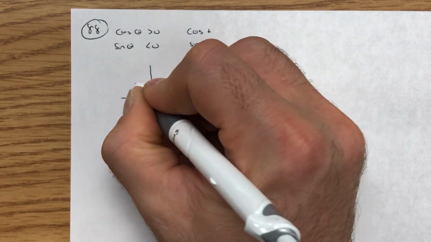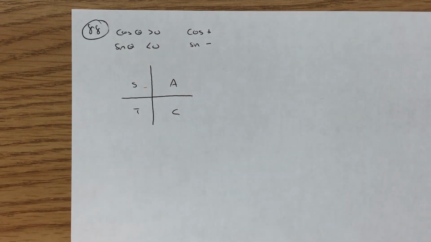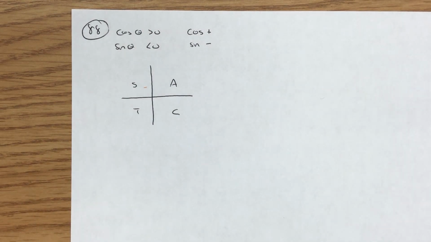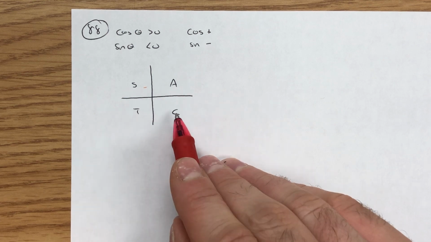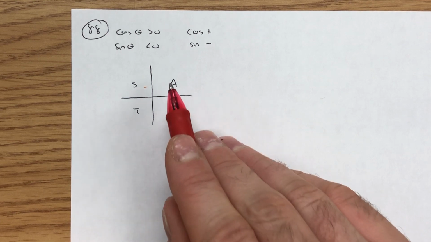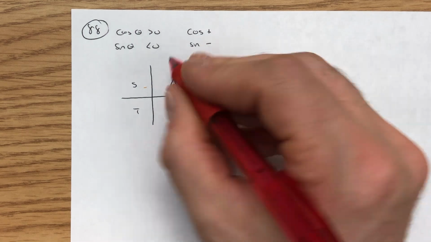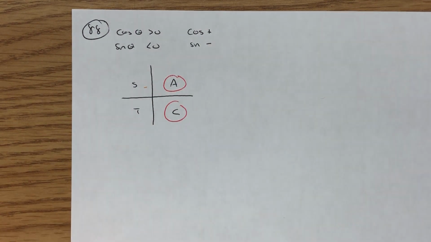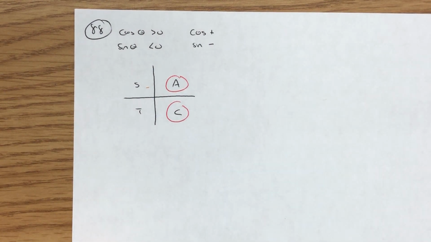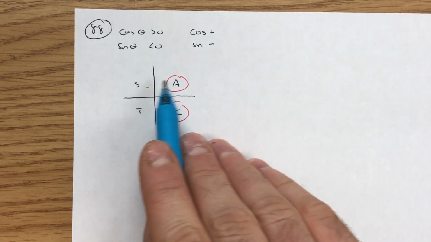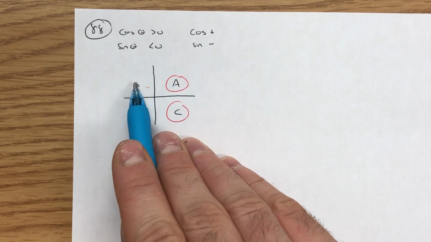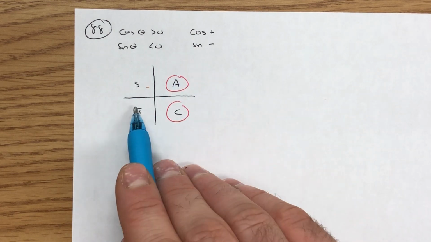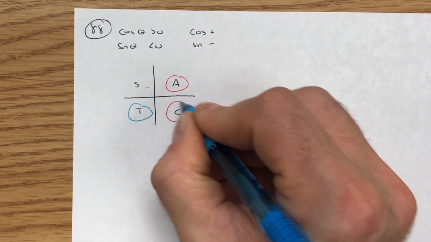We know All Students Take Calculus. Well, the cosine is going to be positive here and here, with All and Calculus. When we're looking at the sine being negative, well, the sine is going to be positive in the top two, All and Sine, so it must mean it's negative down here and here.